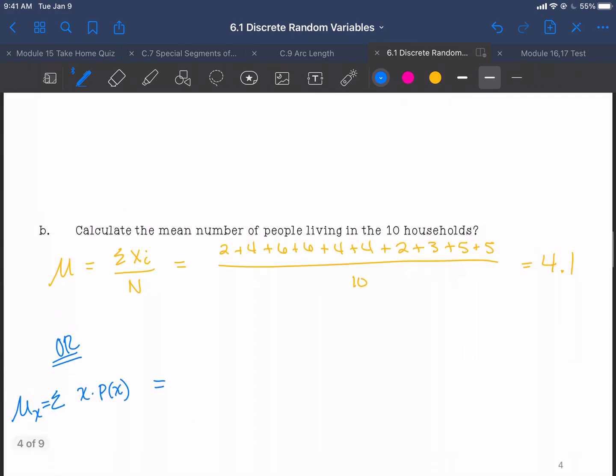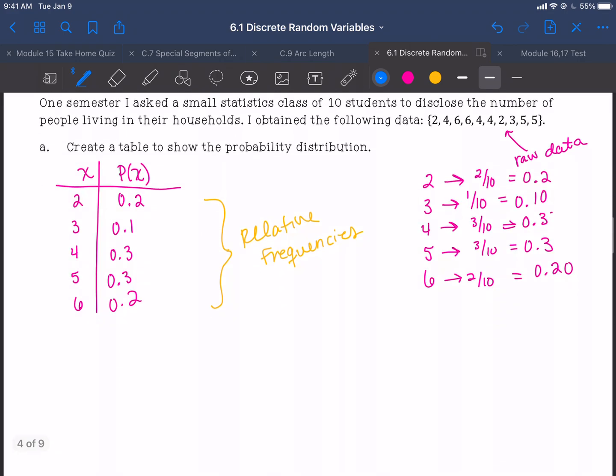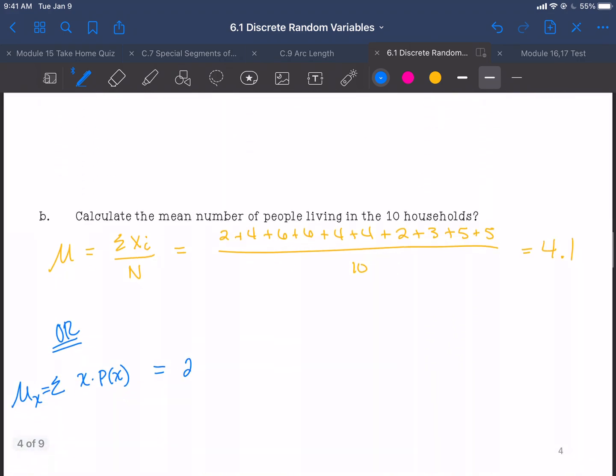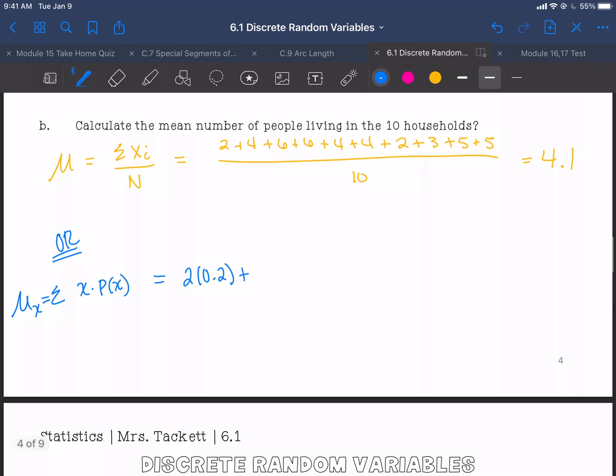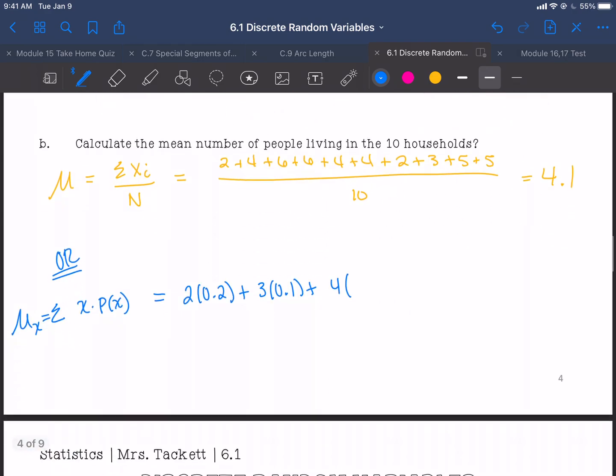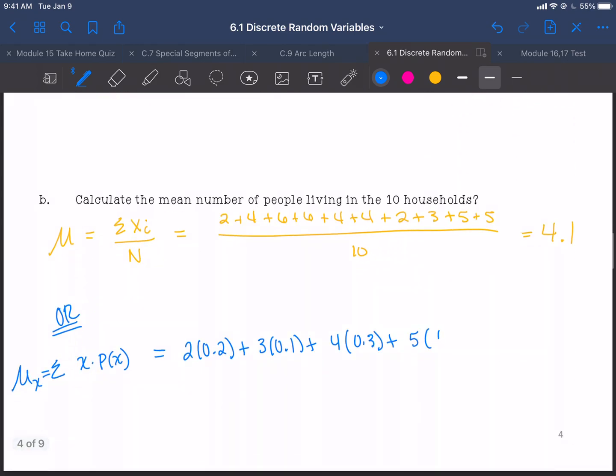So if we do that, I'm going to take 2 times 0.2 plus 3 times 0.1 plus 4 times 0.3 plus 5 times 0.3 plus 6 times 0.2. And if you type that into your calculator and do that math, you do get a mean of 4.1. Okay? So it does match up.